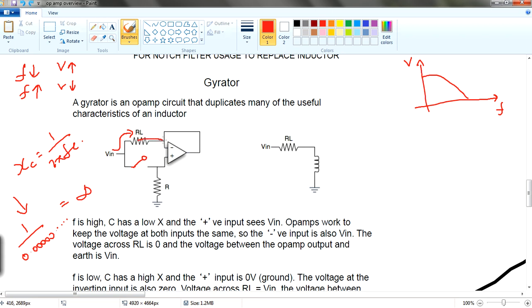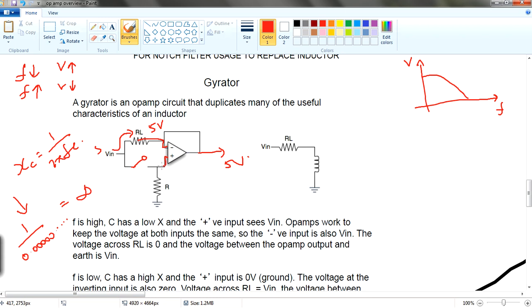Let's say your V is 5 volts. Everything that flows in is 5 volts, and then 5 volts will come out. However, the op-amp nature states that the minus and the plus inputs have the same voltage.